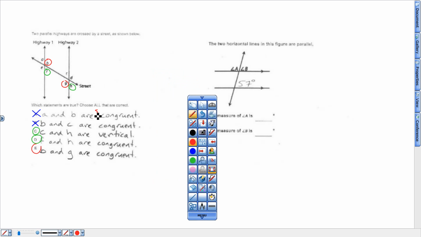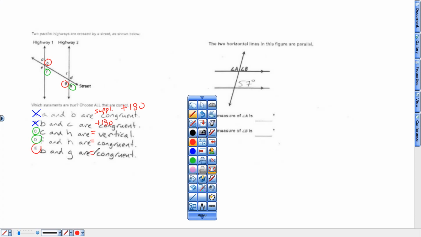They're supplementary. They add up to 180. Same with B and C. They add up to 180. But all the rest, vertical angles, equal. H and F, corresponding angles, equal. Alternate interior angles, equal.